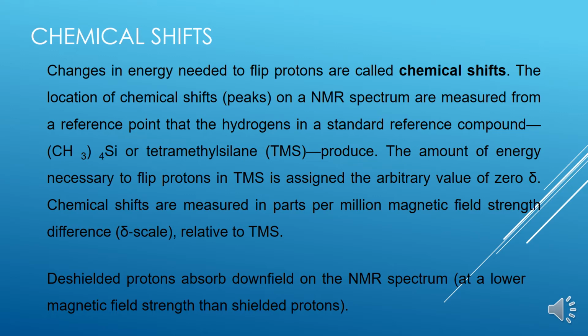Now again, regarding the de-shielded proton: a de-shielded proton absorbs downfield on the NMR spectrum, at a lower magnetic field strength than the shielded protons. So these de-shielded protons occur away from the tetramethylsilane peak.